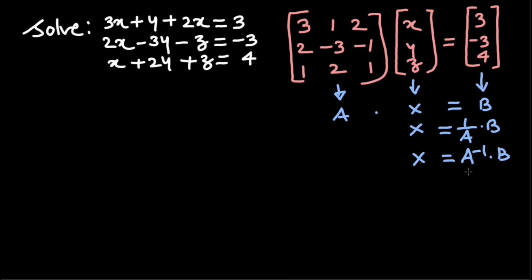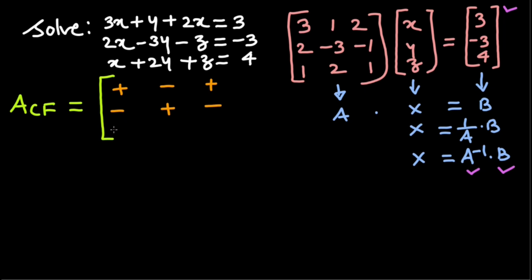So we need to find A inverse, and B is available to us, which is this one. So for finding A inverse, we first write the cofactor matrix of A. First we will write the proper signs. They will be plus, minus, plus, minus, plus, minus, plus, minus, plus, which are alternately plus and minus.